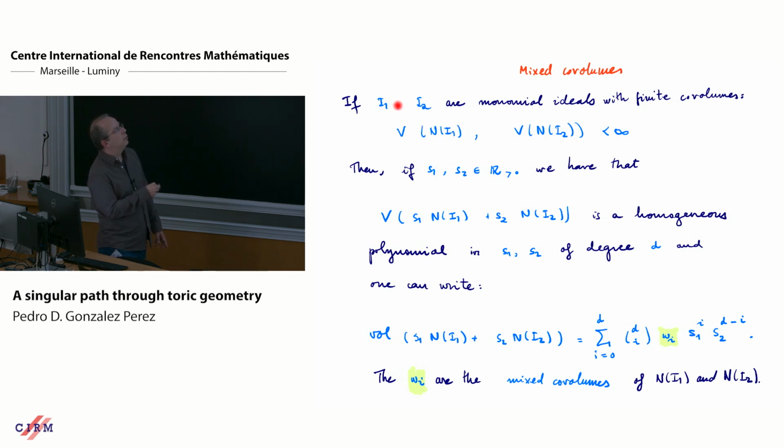So I take two primary monomial ideals with finite covolumes, and if I take two positive numbers, then this covolume is also a homogeneous polynomial in S1 and S2 of degree D. So we can write, similarly to the case of polytopes, taking these covolumes, this homogeneous polynomial, and then what we get is that these coefficients are the mixed covolumes of the Newton polyhedra of I1 and I2.